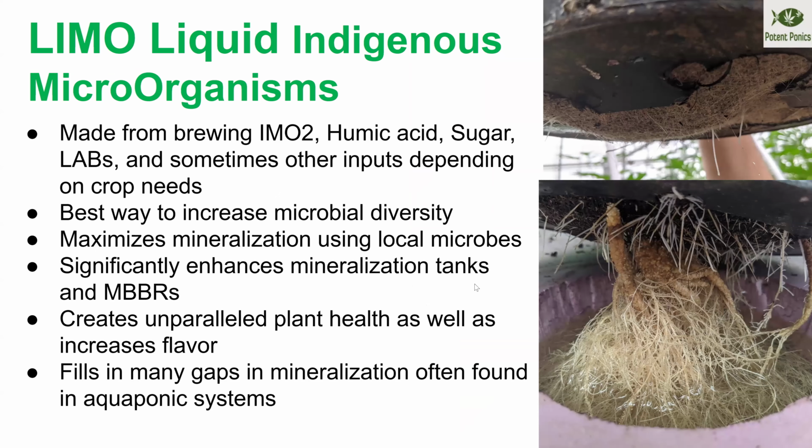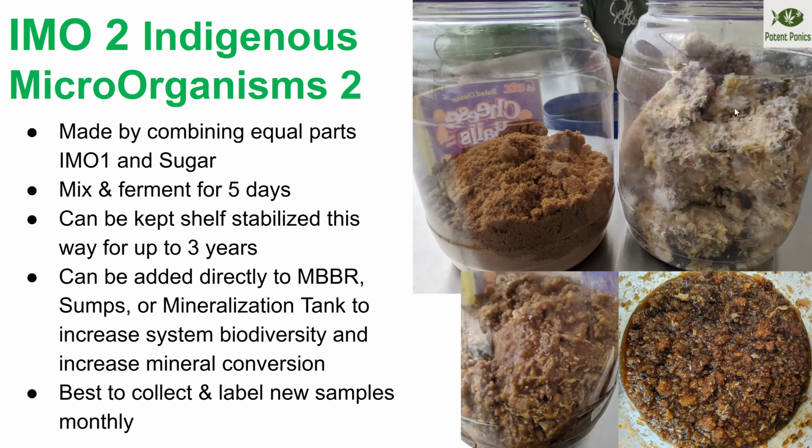So liquid IMO, like we talked about, is made from taking your sugar stabilized fungal collections. Now, the reason why we put the sugar in here equal parts, so we'll call this 1.5 kilos and 1.5 kilos of sugar, the reason why we mix these together is to lock out the oxygen.